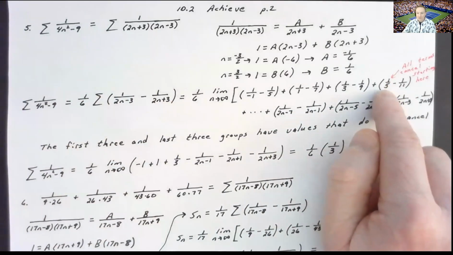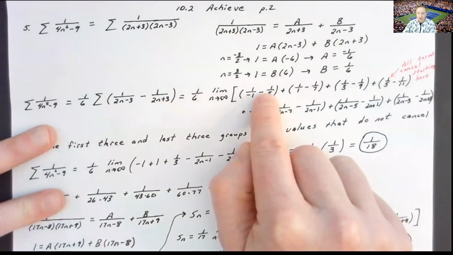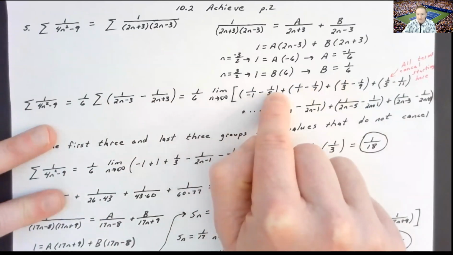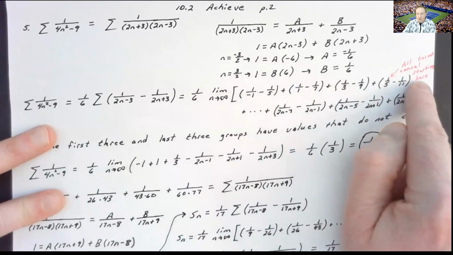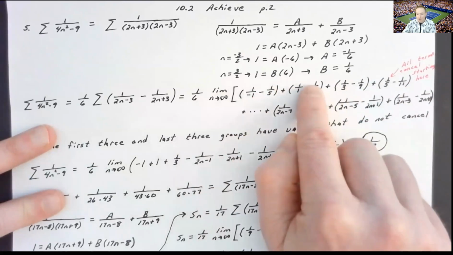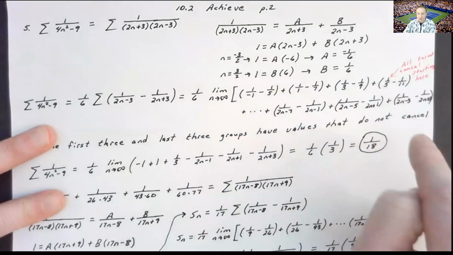Well, this 1/5 and every first part of every successive term hereafter is just going to cancel with the second term of the one previous to it. So I can say this is going to be a plus 1/5. What would be the first part of my fifth term? It'd be a positive 1/7, which is going to cancel with this 1/7. Every single one of these second terms are going to cancel through here with the first term.